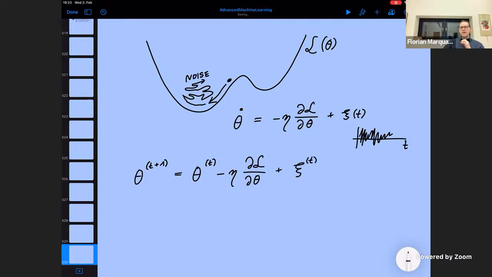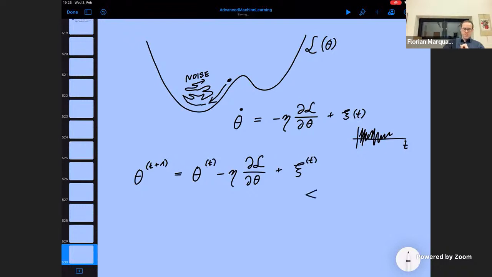And now there is a very nice insight from statistical physics. So this kind of behavior is analyzed all of the time in statistical physics. And people know the following.